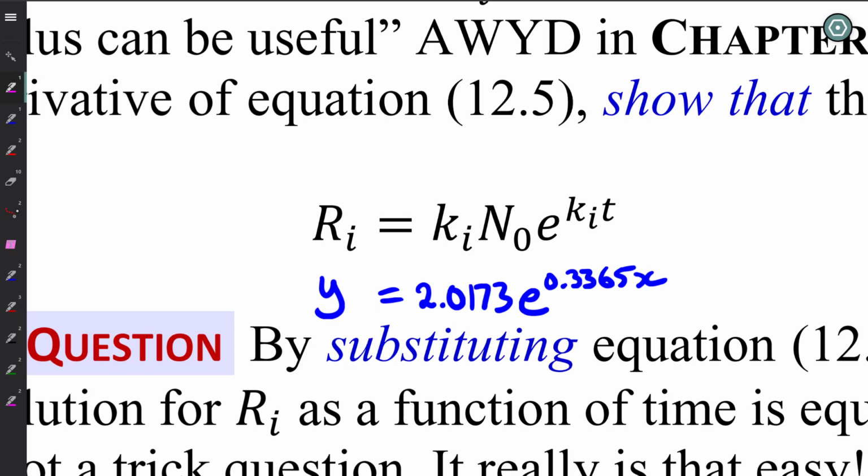Now, the way to understand how the fit works is to kind of match these two up. So, as I said before, x and t match up with each other, which means that this 0.3365 matches up with Ki, the infection rate constant. The two e's are obviously the same thing. And then this number here is actually the combination of Ki times N naught.